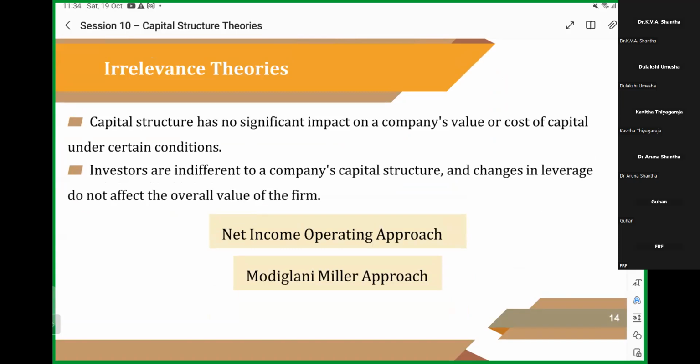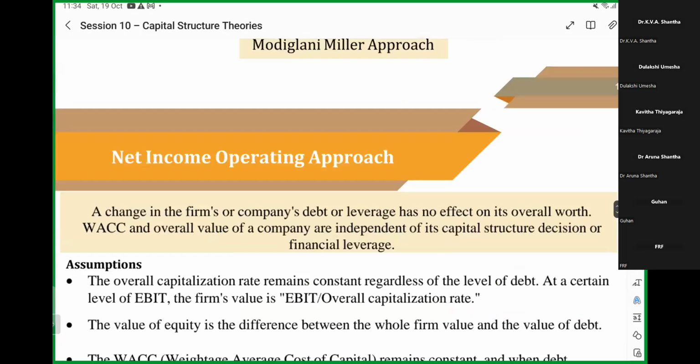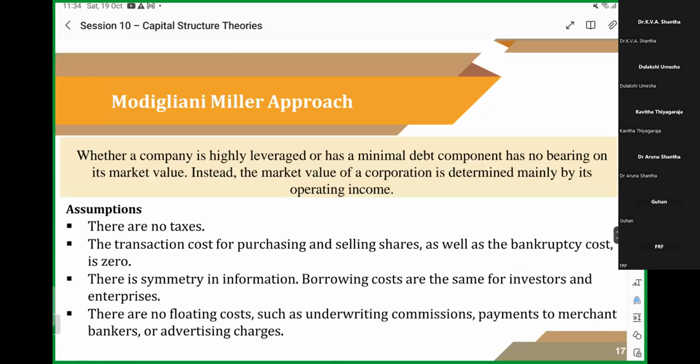Then there are some other theories like pecking order theory. So you should go through this theoretical approach. You should know what's implied by these theoretical approaches.